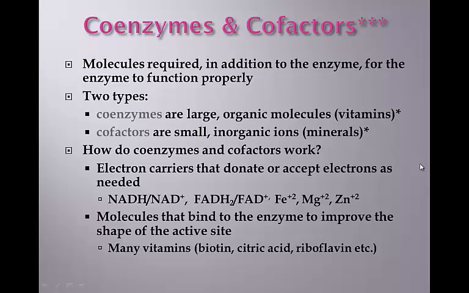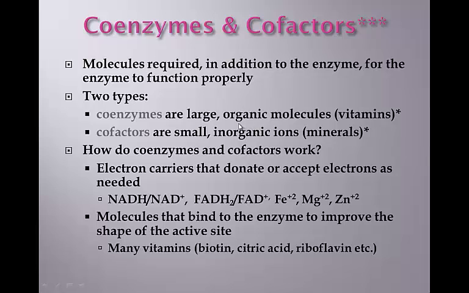So let's go on real quickly and talk about coenzymes and cofactors. These are very often things that help an enzyme to function without actually being part of the enzyme. Again, sometimes they donate electrons, sometimes they carry molecules, sometimes they bind the enzyme to improve the shape of the enzyme.